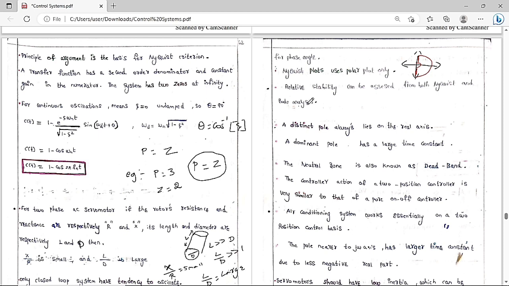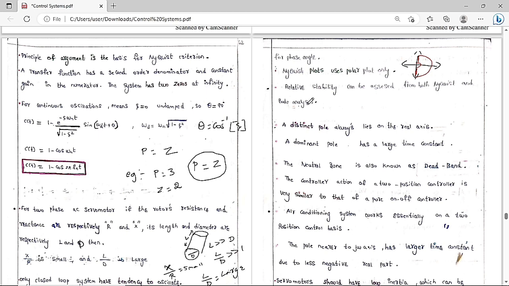A dominant pole has a large time constant. I have already told you, the dominant pole is a pole which is very close to the origin, because it has a large time constant, meaning it will take a lot of time to decay. Whereas an insignificant pole is a pole which is far away from the origin.